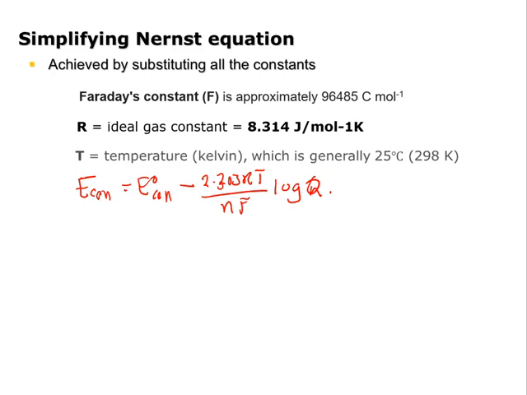So how do we do that? We just substitute all the constants. So we know we have the F constant, we have the R constant, and we have the T constant.